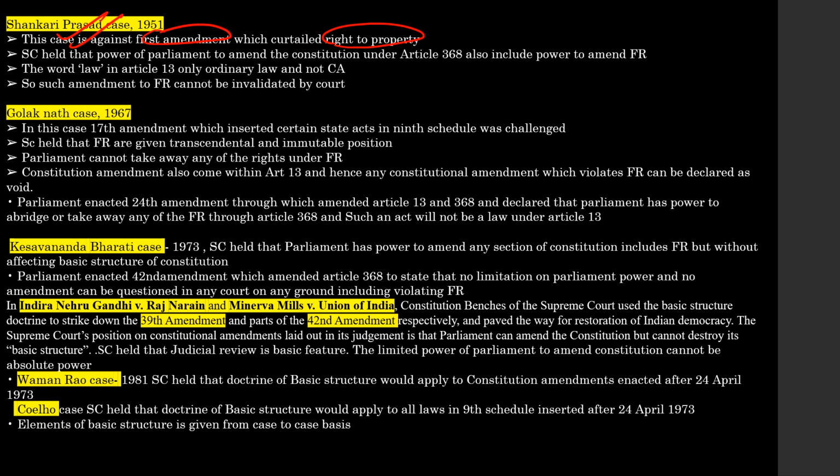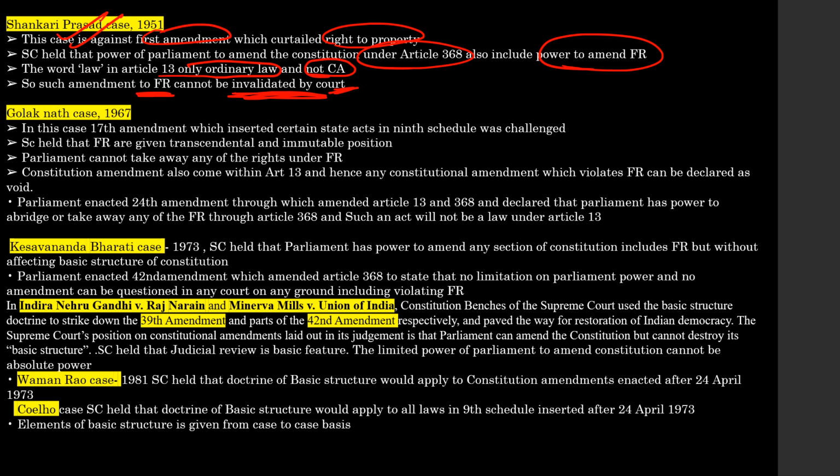The Supreme Court said that the parliament can amend the fundamental rights under Article 368 of the constitution, and the law in Article 13 is only ordinary law and not the constitutional amendment law. So an amendment to the fundamental right cannot be invalidated by the court. This means the parliament can amend the fundamental rights as per the Shankari Prasad case 1951.